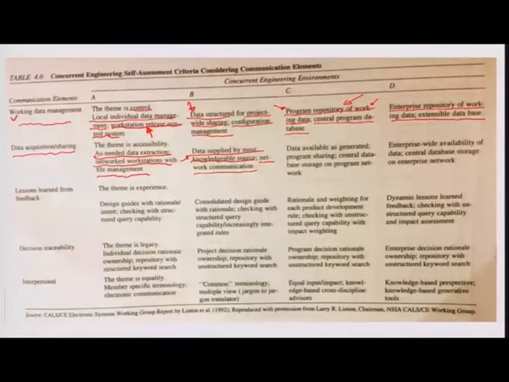There could also be a third level which talks about data available as generated. It is almost the whole control of the data for a particular task or task structures. You could do some program sharing here, some central storage on the program network through which you could get a tab on most of the data or share most of the data as needed by your particular domain or area.